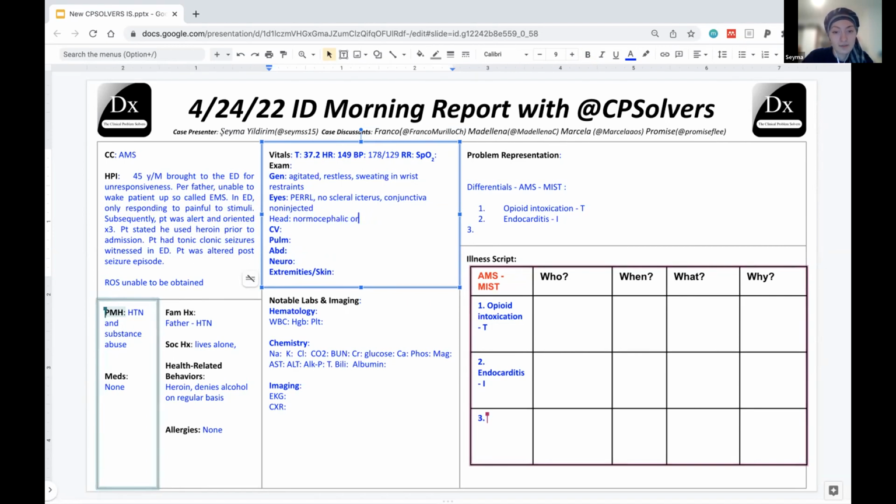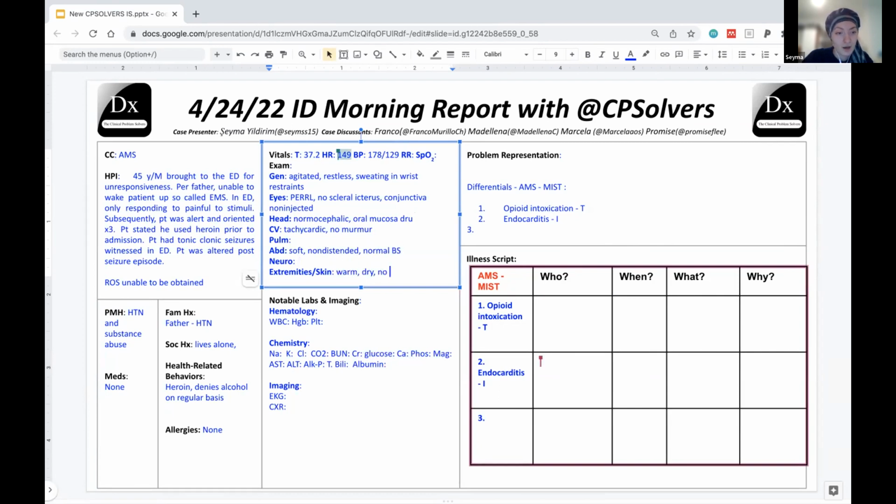And on the cardiovascular, he was tachycardic, but there was no murmur and no peripheral edema was noted. And on the GI, the abdomen was soft, non-distended, with normal bowel sounds. And the skin itself was warm, dry, there was no rash.